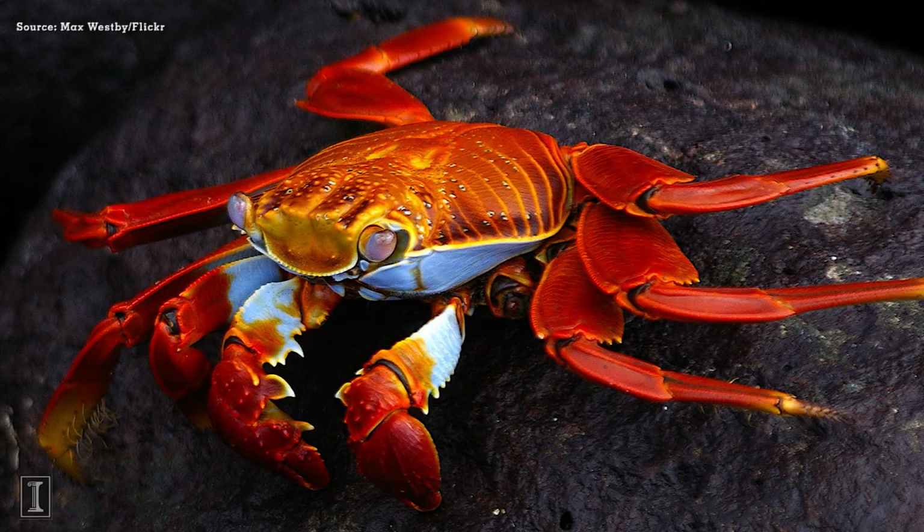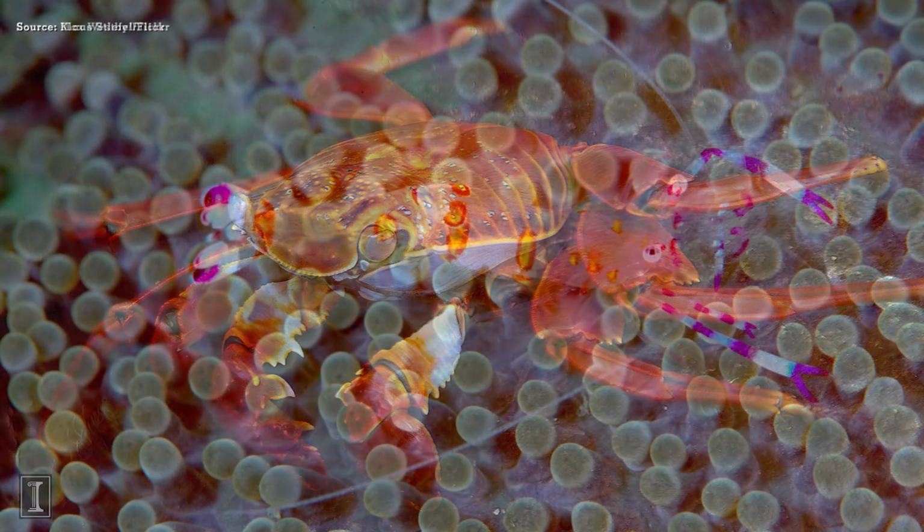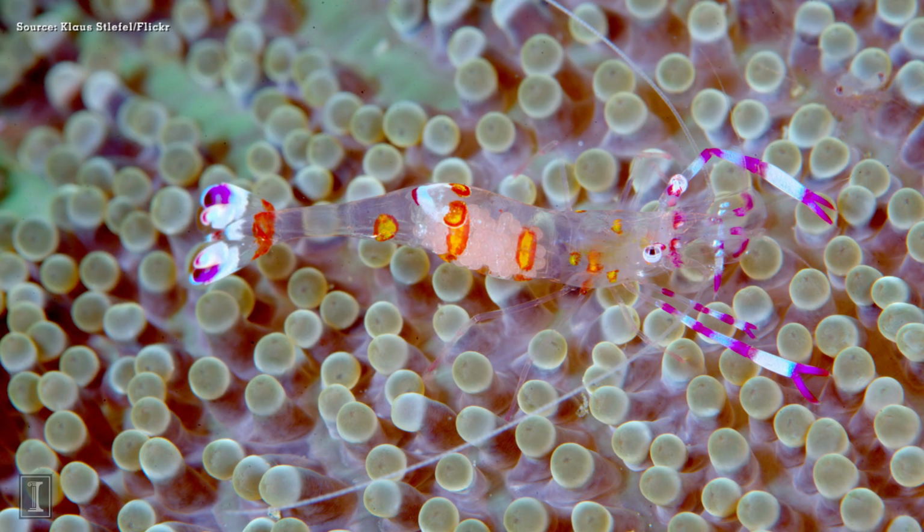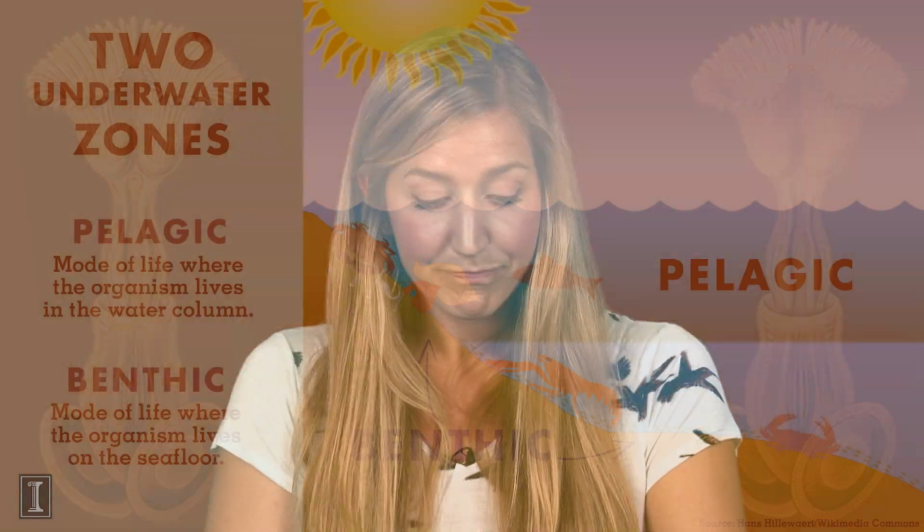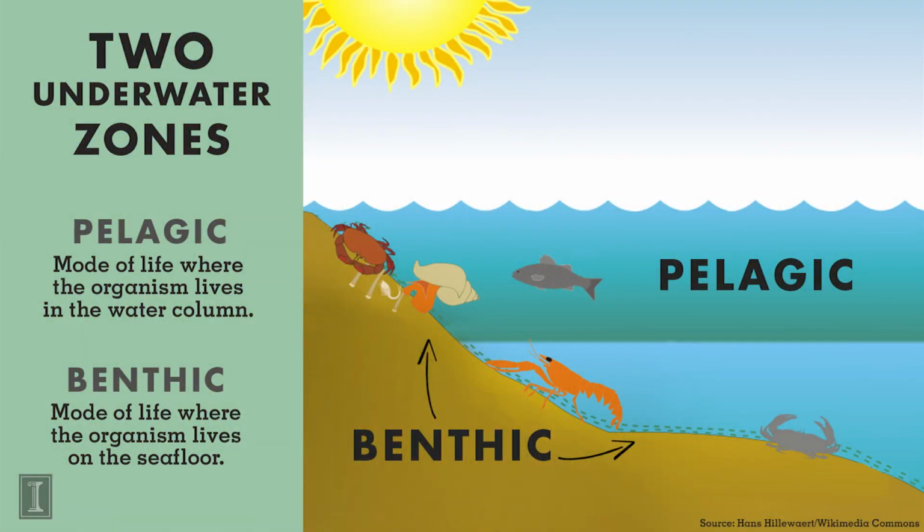Again, I mentioned we're referring to marine invertebrates for today, and so we're going to be thinking about the water column. Think about if you've been swimming in the ocean, or maybe the pool as an analogy. The two regions an organism could live in, in the ocean or a lake or a river, are the pelagic region, which is the open water, up in the water column, maybe swimming around.